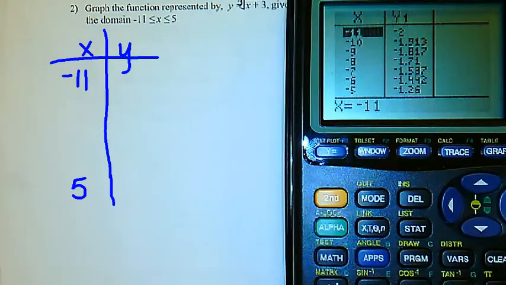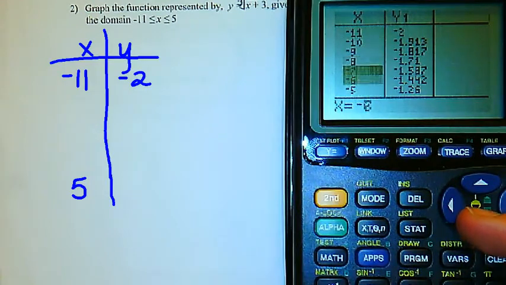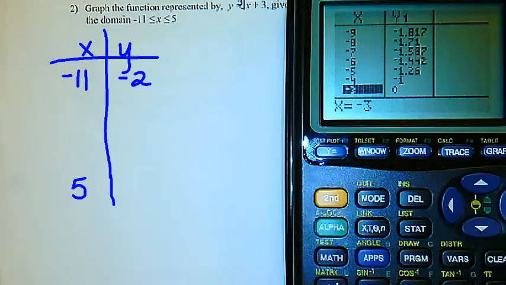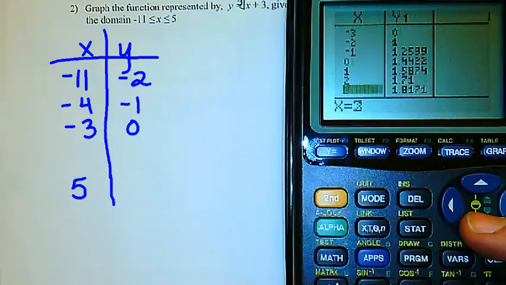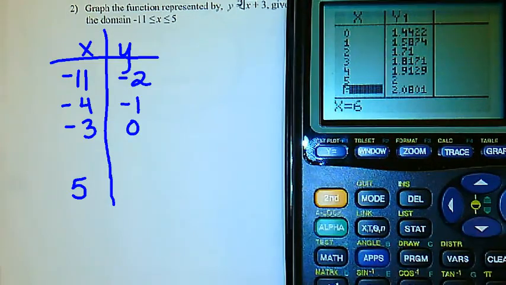At -11, it's -2. Again, we don't want any of these decimals. -4, -1, -3, 0. Then 5, 2.